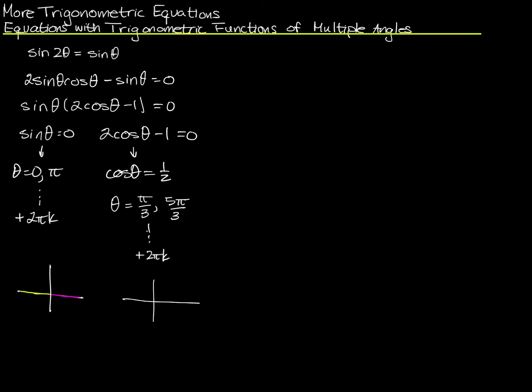Pi over 3 is here. This is 4 pi over 3, so 5 pi over 3. Actually, it turns out I can in this case. So for this one as well, I will be able to write pi over 3 plus pi k, where k is an integer. So I'll have 2 lines in my solution instead of 4.